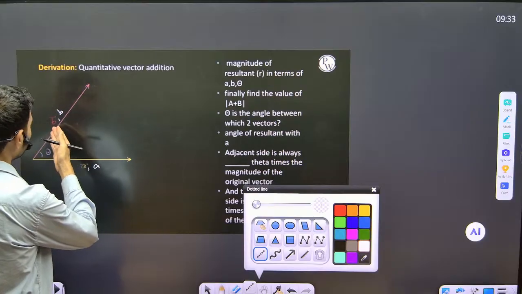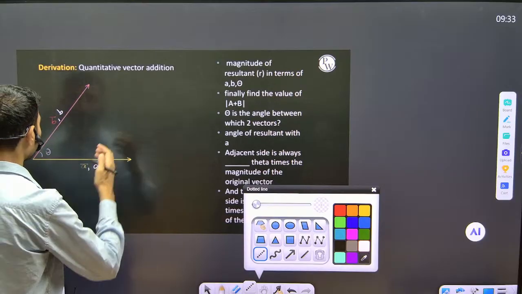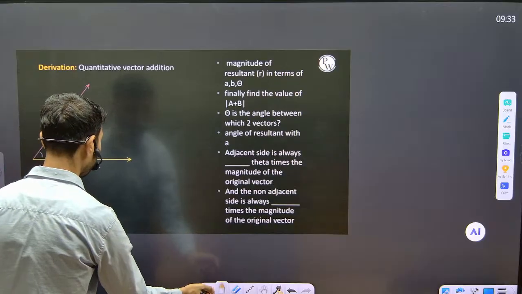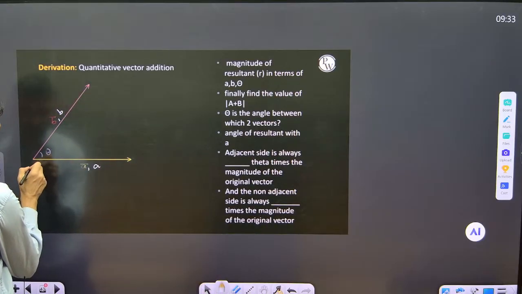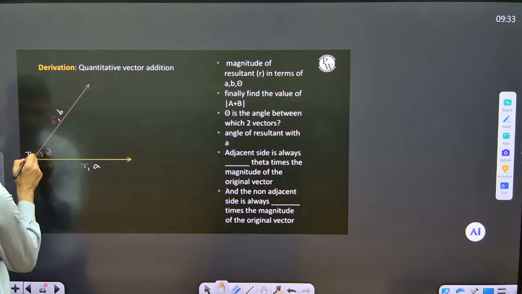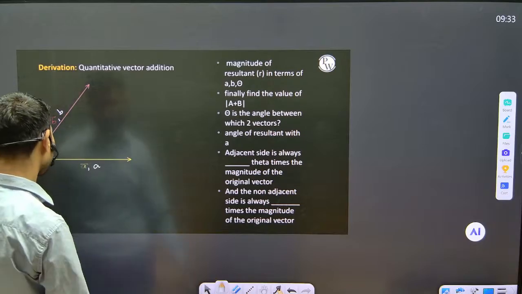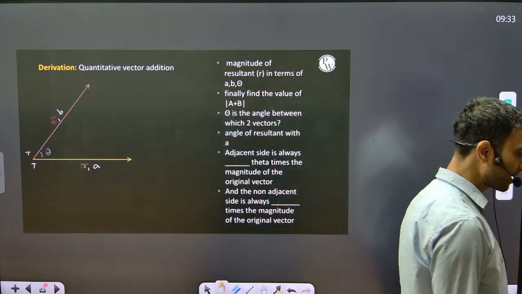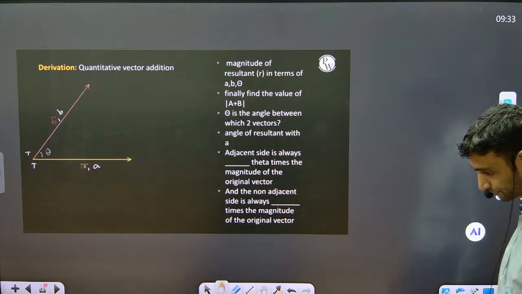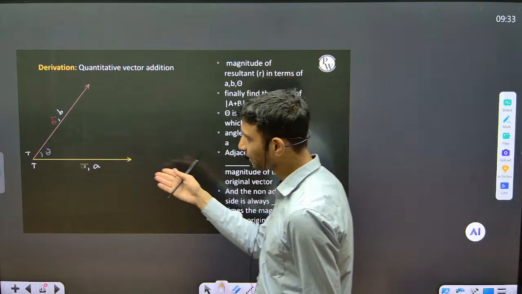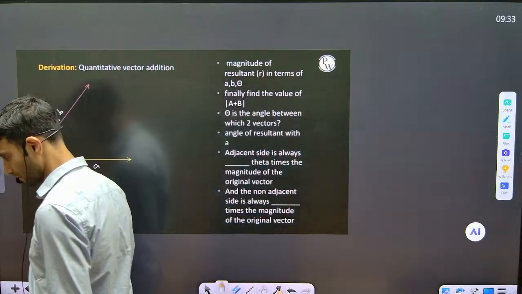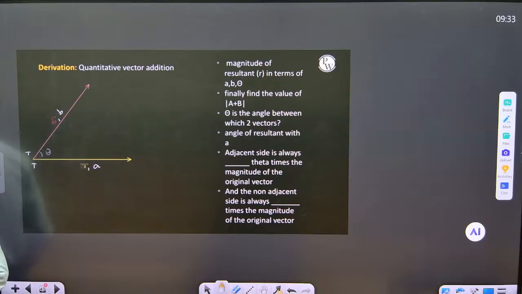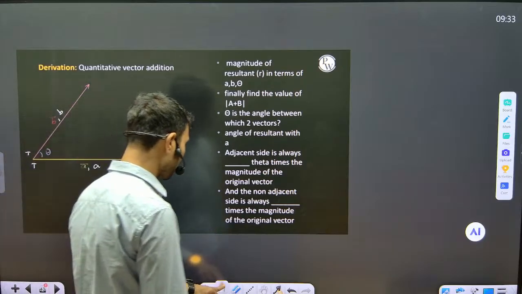Because this is a B vector, we have to bring it forward because we have to first make sure that head and tails are together. Right now the problem is tail and tail are together, so I have to shift one of the vectors. Now which vector shall I shift? The answer is any vector. I can shift any of the two vectors, right? So which one will I shift? Let's find that out. I'm planning to shift the B vector, right? So let's shift the B vector.